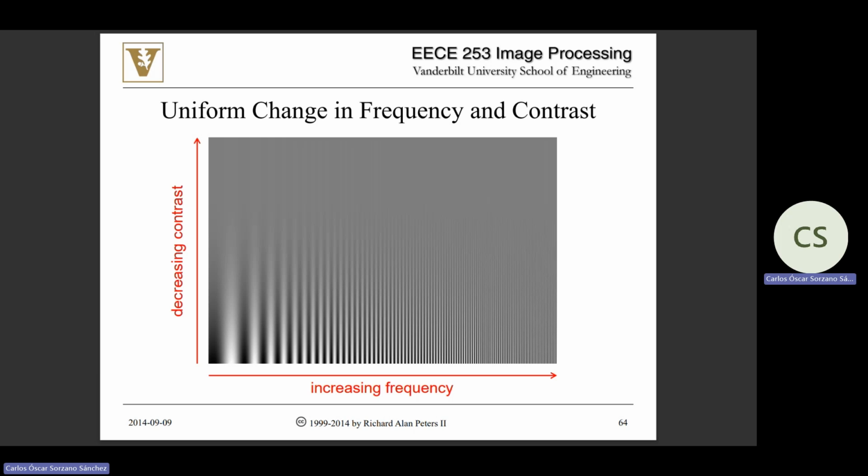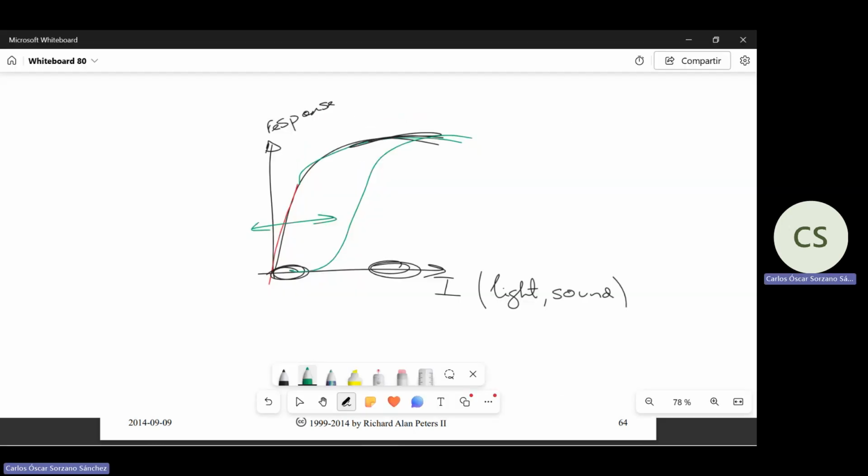And then what we are doing here is creating the difference between maximum and minimum. So if you go along this line, what you have is a sine wave.